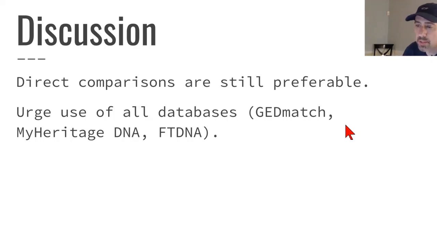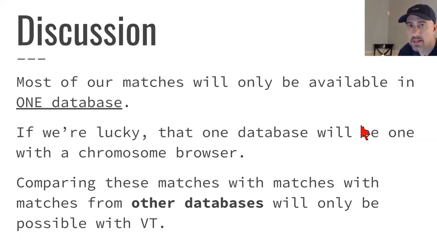We want to make direct comparisons as much as we can, but we do have to confront the fact that many, if not most, of our matches are only going to show up in one database. And if we're lucky, that one database will have a chromosome browser, and we're going to have to find a way to compare matches in one database with matches in another database, with a good number of matches who are never going to cross over that barrier to show up in multiple databases.